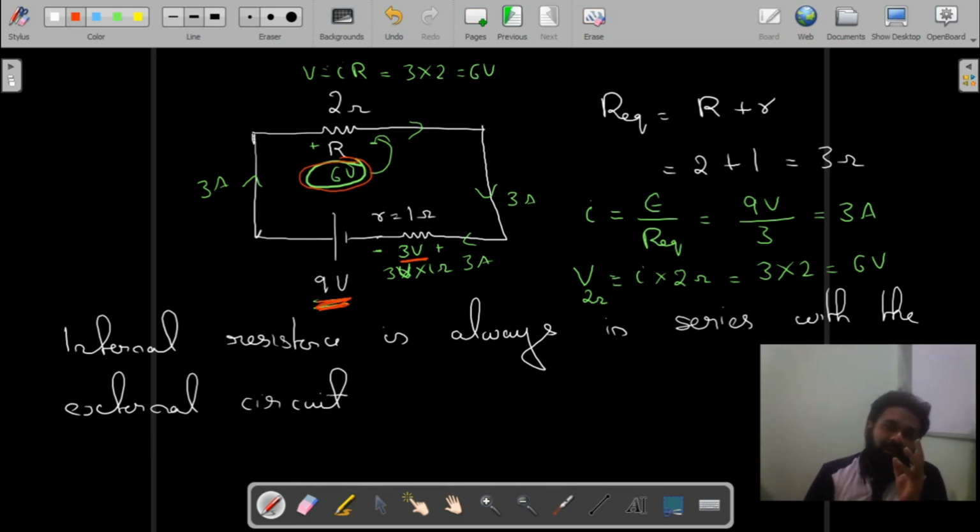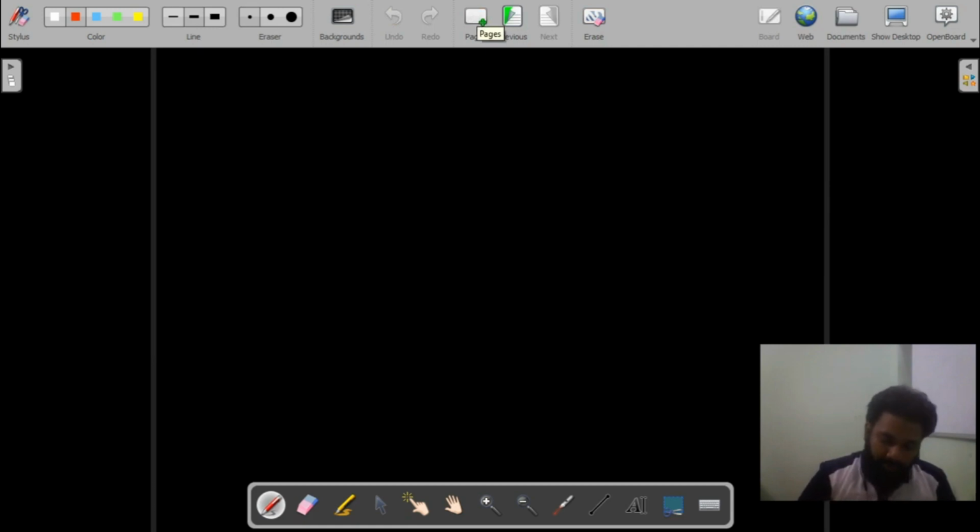Previously when we defined electromotive force, we said that it is the voltage across the cell when no current is flowing, when the battery is not in use. Now when the battery is in use, when current starts flowing, the external resistance will take some voltage, and that is called the terminal voltage. Now we will look into that.